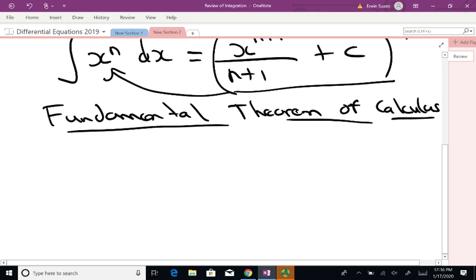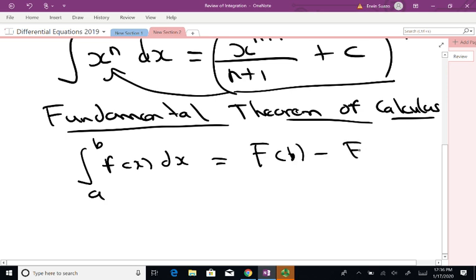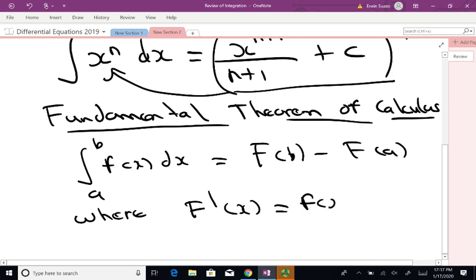The fundamental theorem of calculus says that the integral of f of x dx between a and b is capital F of b minus capital F of a, where the derivative of the capital function is the small function.